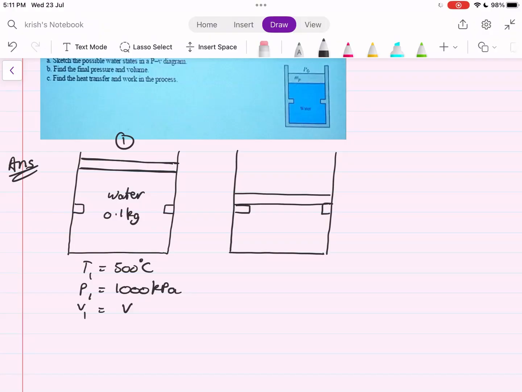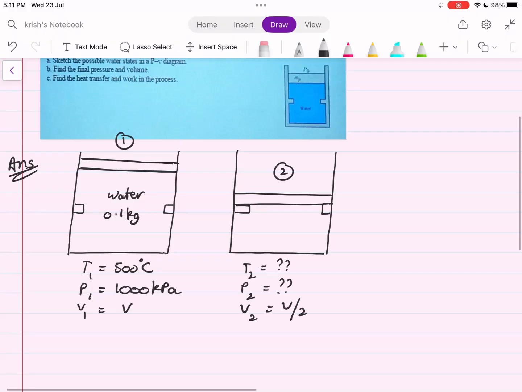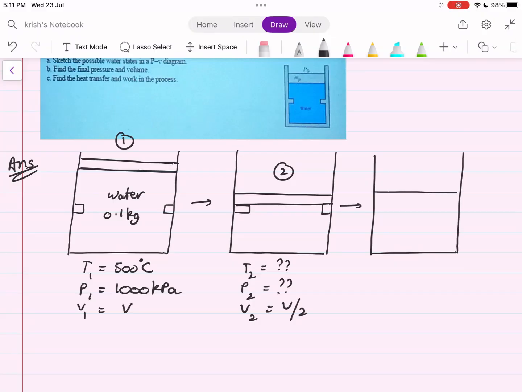Here the piston will stop at half the original volume at state 2, at some T2, some P2, and V2 equals V by 2, and then it will cool down to 25 degrees Celsius, and this is state 3.